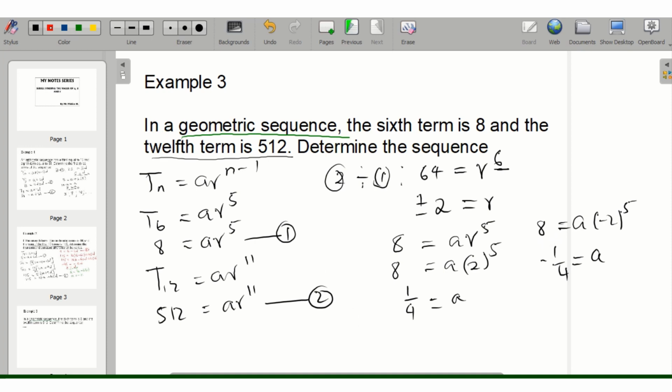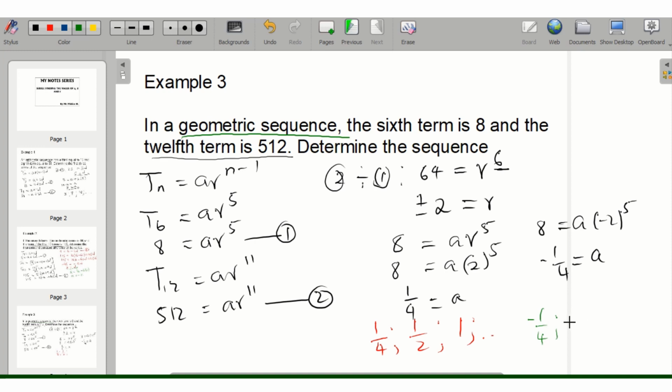So let us write these two sequences with different colors. The first one would be 1 over 4. To get to the next term, you multiply by positive 2, so that would be half. And then you multiply by 2, that would be 1. For the other sequence in green, where our a is minus 4 and our r is minus 2, the first term will be minus 4.